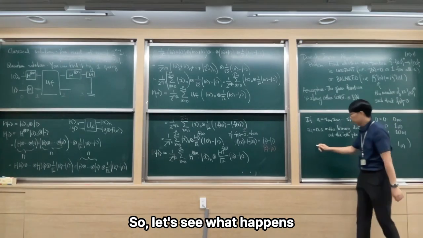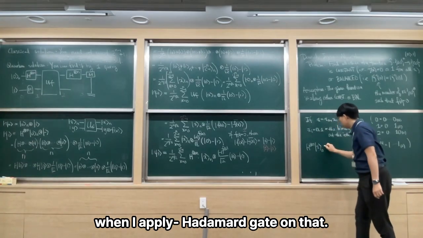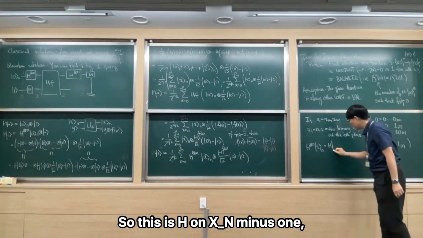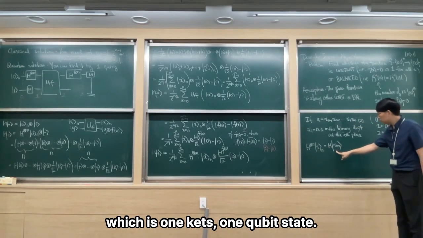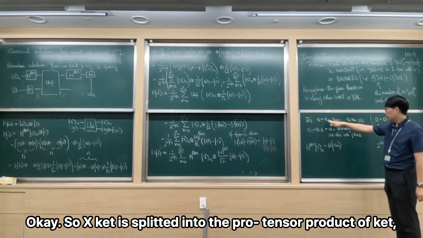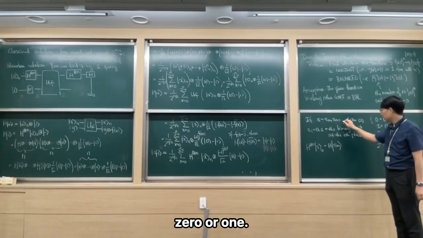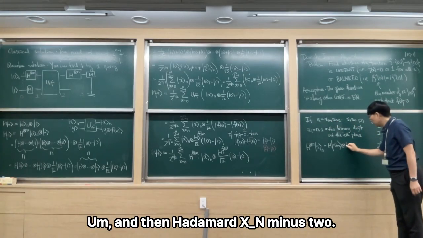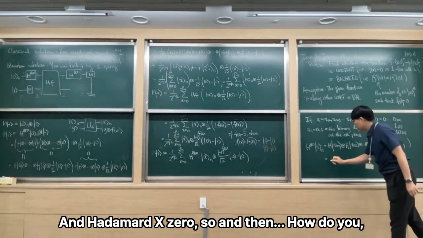So let's see what happens when I apply the Hadamard gate on that. So this is H on x_{n-1}, which is a one-qubit state. Okay, so ket x is split into the tensor product of kets, where each ket has this base state, 0 or 1. And then Hadamard on x_{n-2}, and Hadamard on x_0.